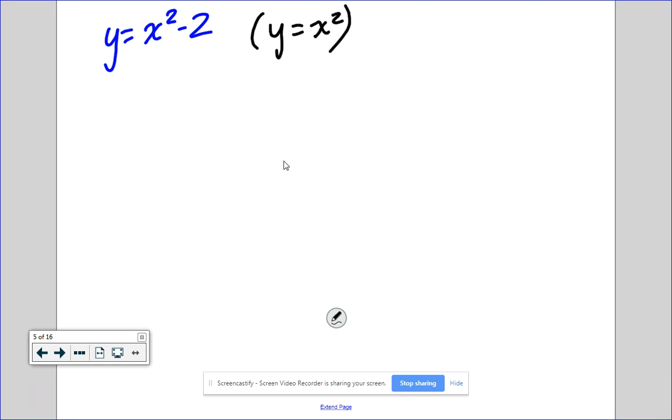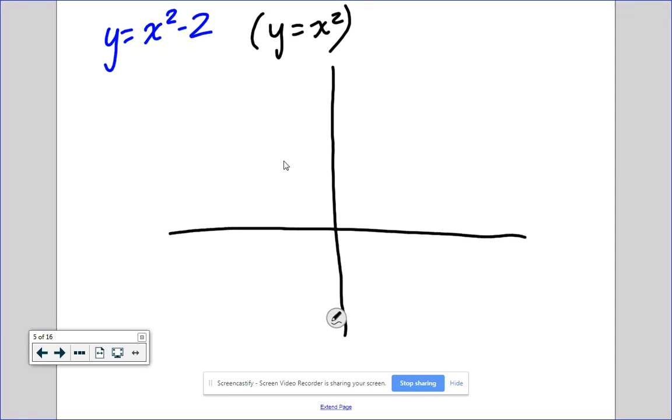It's a U. It's a smile, right? Okay? Remember we talked about that. A positive x squared is a smile. Negative x squared is a frown. Okay? Also called a parabola. Right? So a normal parabola is centered at 0, 0.